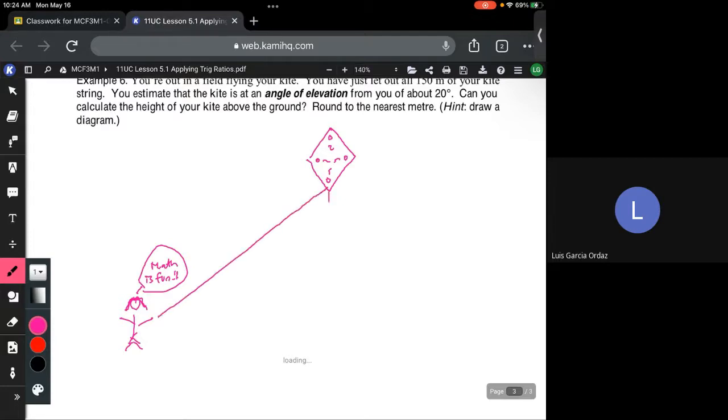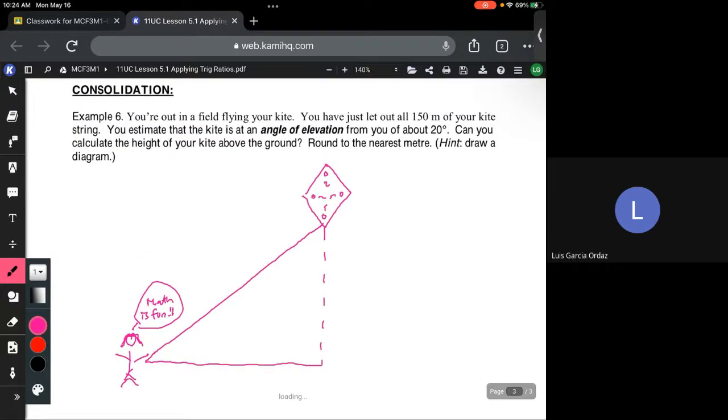And then, like we were saying, we're making a right angle triangle. So what information are we given in the question to help us solve this problem? Can someone tell me where I'm going to label what? Where's my angle going to go? It's going to be here. So this is my angle of elevation, which is 20 degrees.